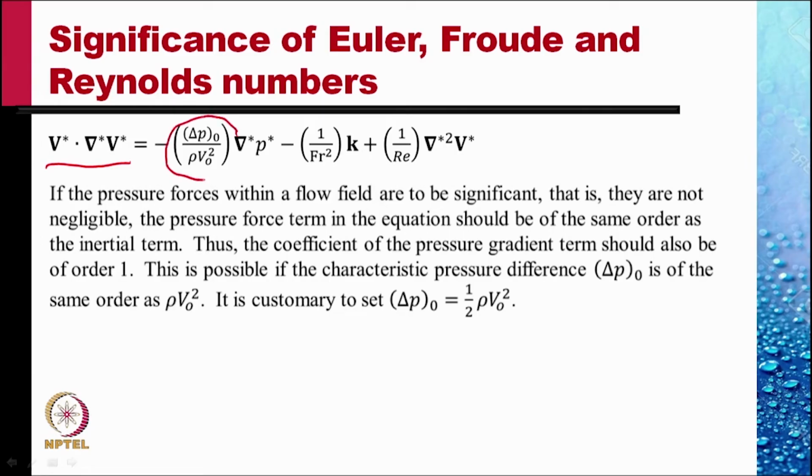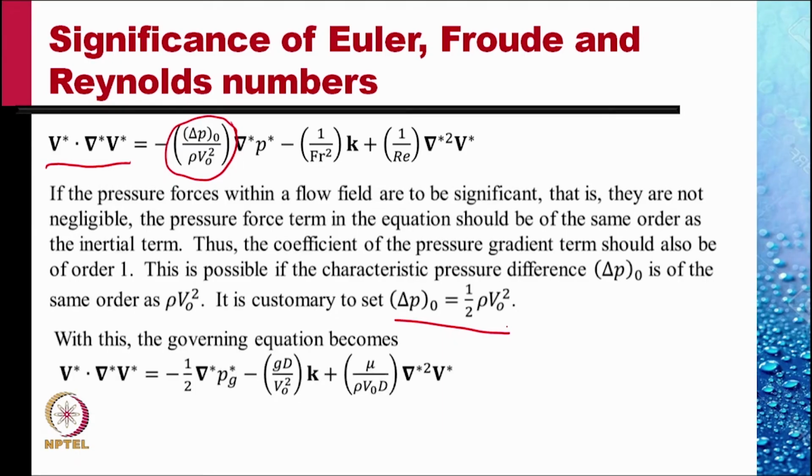This is possible if the characteristic pressure difference delta P naught is of order rho V naught square. And so, we set customarily delta P naught equal to 1/2 rho V naught square. And with this, the equation that governs the fluid flow becomes this.